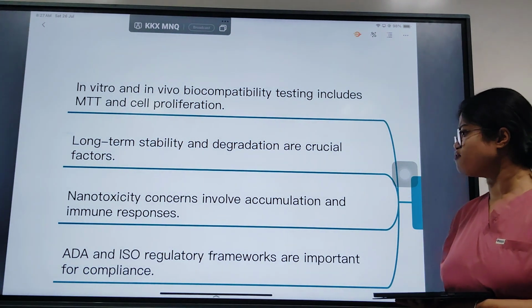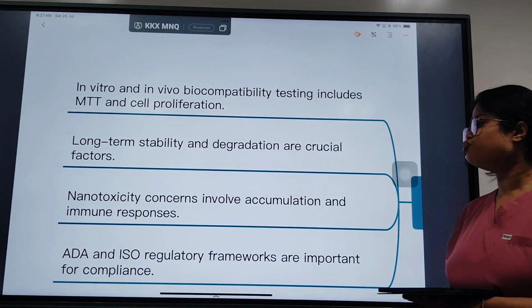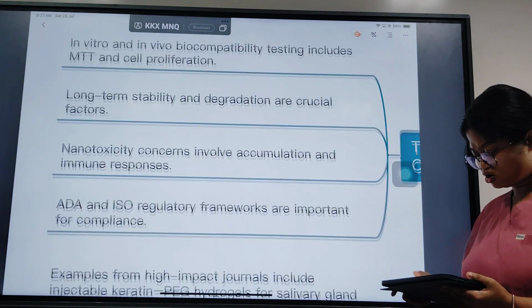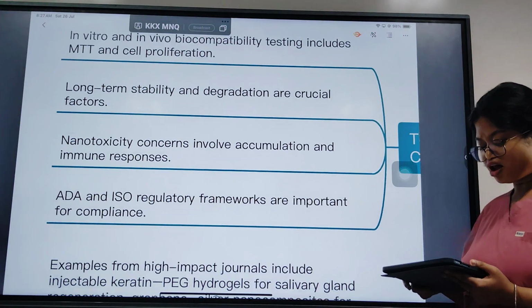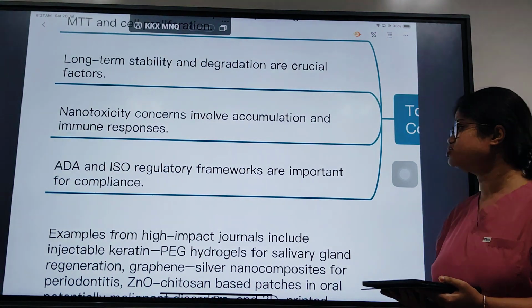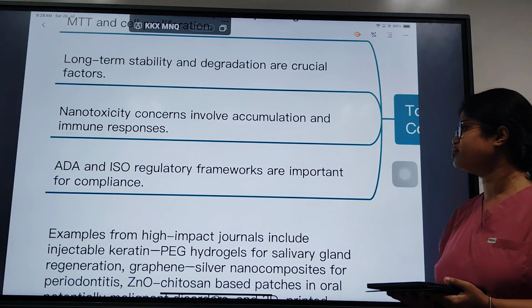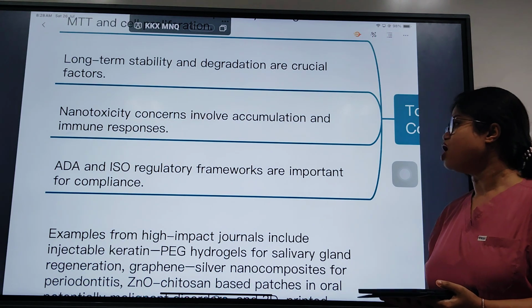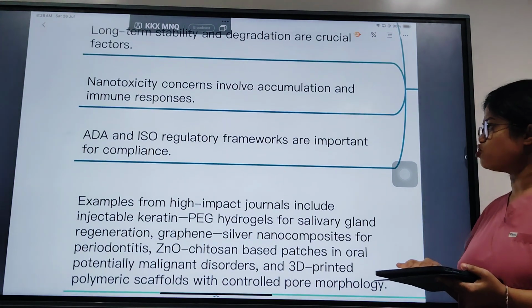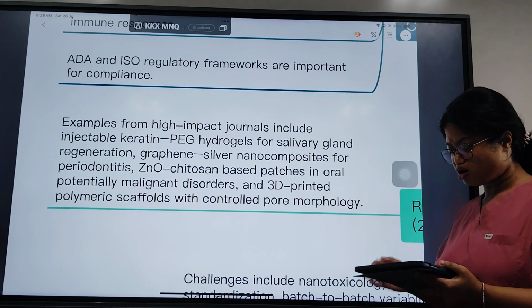Nanotoxicity concerns involve accumulation and immune responses developed through the materials that we put in the oral cavity. There are various regulatory frameworks and bodies regulating the manufacturing of these, such as ADA and ISO, which are important for compliance with biocompatibility issues.